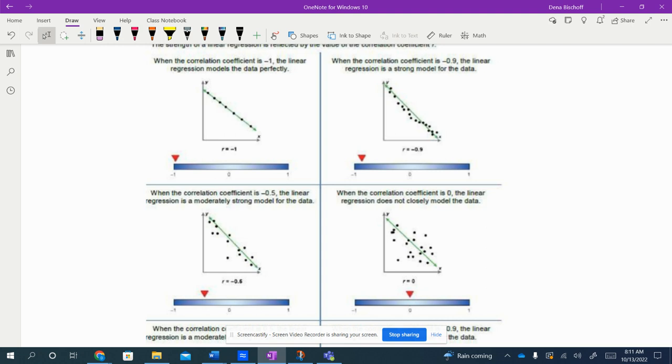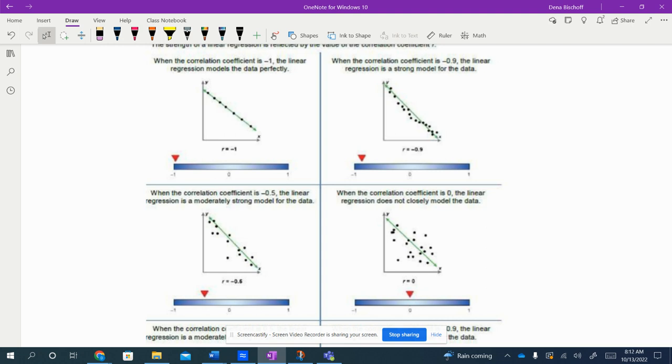The second one, I can almost connect all of the points, so maybe that's like a -0.9. The third one is like a -0.5, like we did in our example on the board for our warm-up. Still negative correlation, but not as tight. And the last one, kind of like a snowstorm, no correlation. So we're going to look at correlation today in terms of calculating.